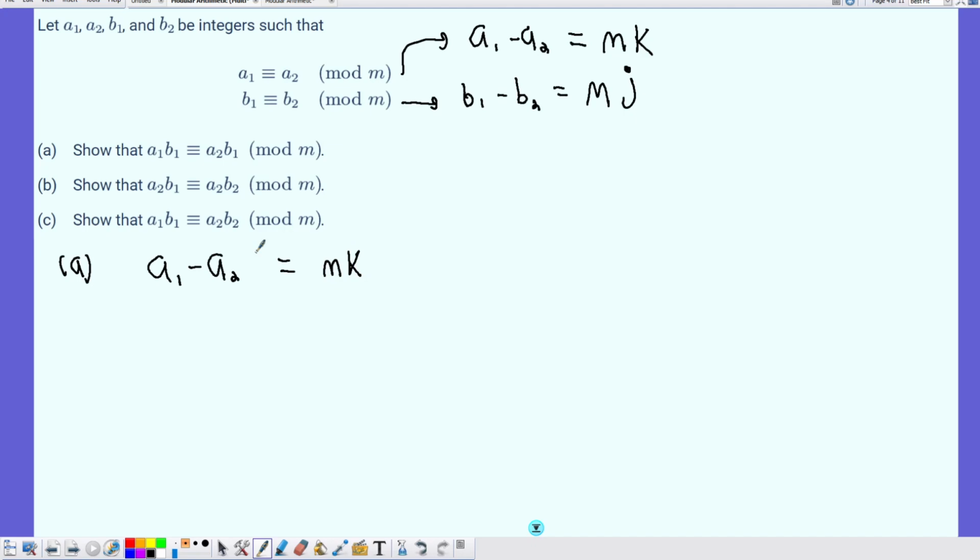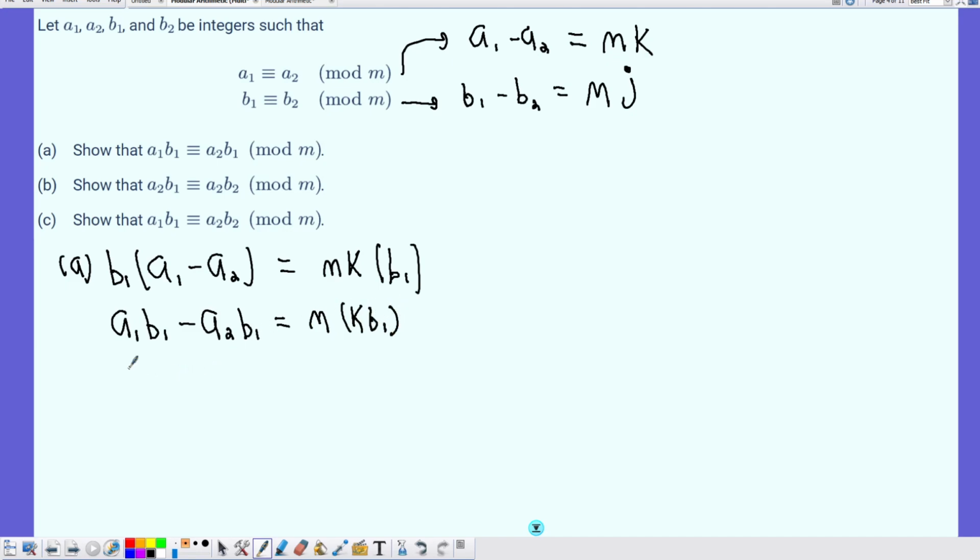And this is like the same procedure we did last time. I'm going to multiply both sides of the equation by B1. And that becomes A1 times B1 minus A2 times B1 is equal to M times KB1.